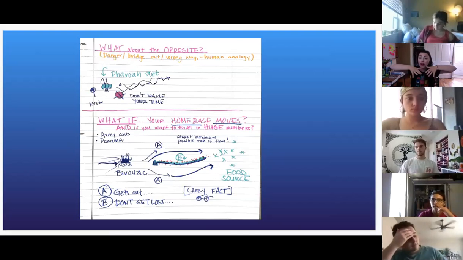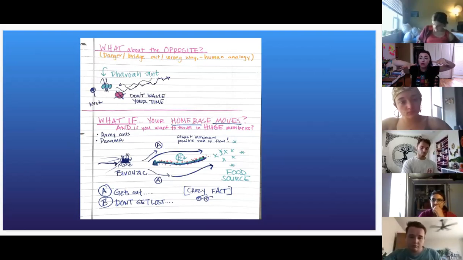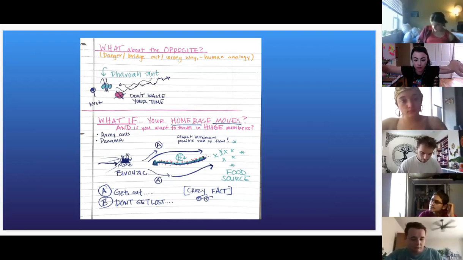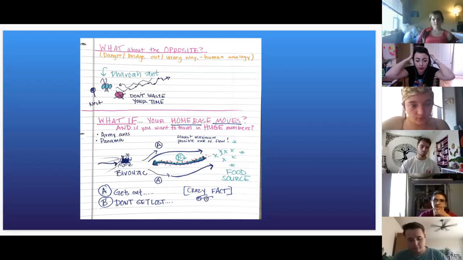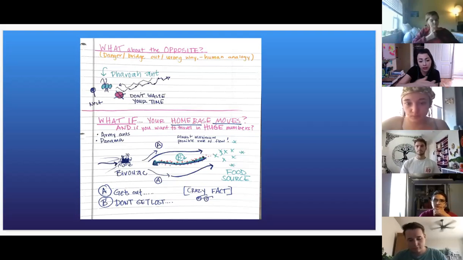Now, as Sophia put it, they're trying to cover more ground, so they spread out a little bit more to do that. They're looking for stuff. Now, when they find something, they grab it and hold on to it. Usually they'll put it on their backs, or if it's little, in their mandibles, and they go marching back.